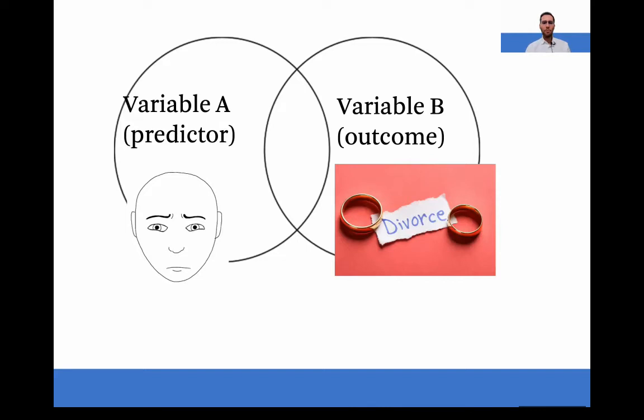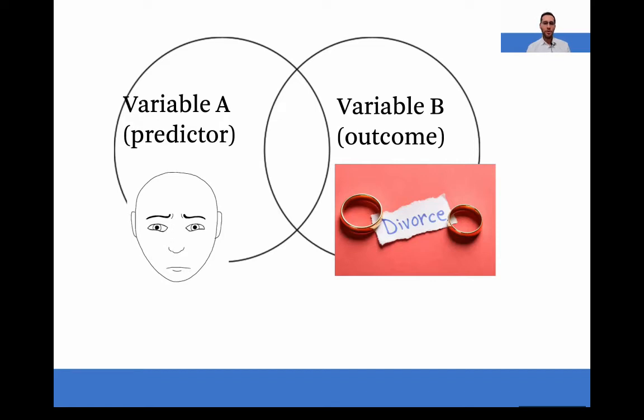So we can start by designating a predictor variable, in this case variable A, and an outcome variable, in this case variable B. Sticking with our original example, maybe we can explain some of the variability in the divorce rate for everyone who gets married based on a personality trait like people's feelings of insecurity. We could, in theory, be able to explain some small but non-negligible percentage of the variability in the divorce rate based on this personality trait.